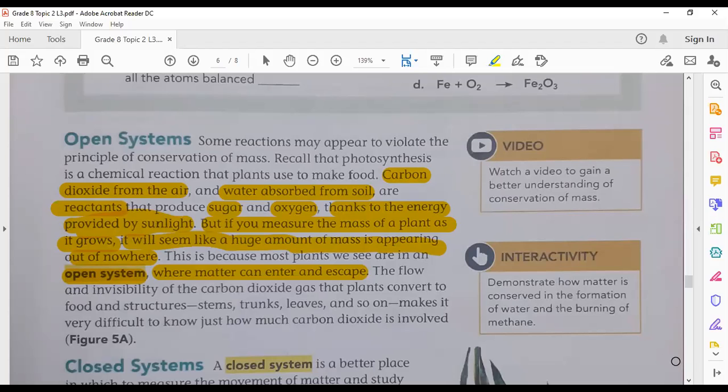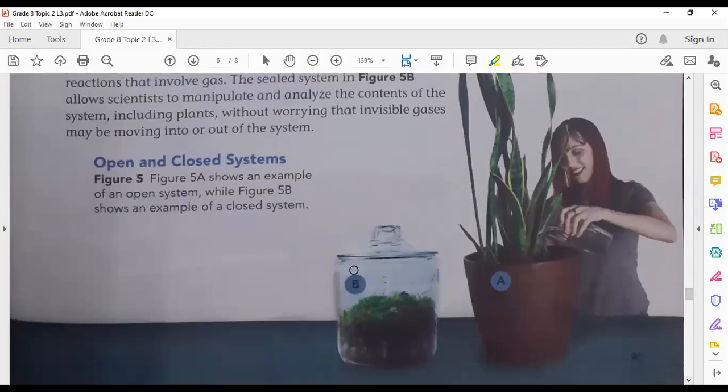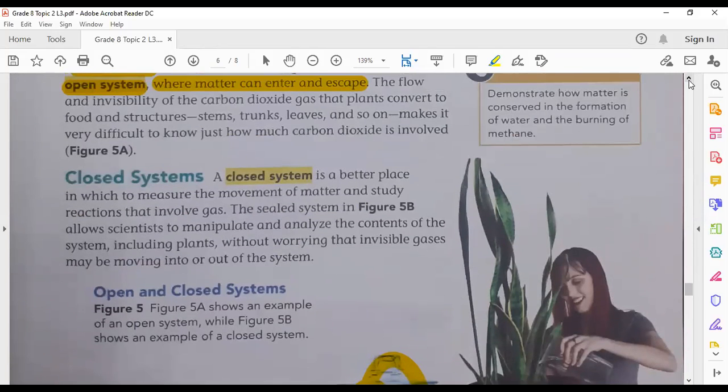In a closed system, it is easier to measure because the matter cannot escape. A closed system is a better place in which to measure the movement of matter and to study reactions that involve gases. Especially if you want to study reactions that involve gases, you must use a closed system.